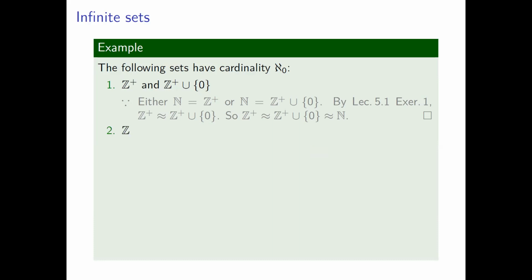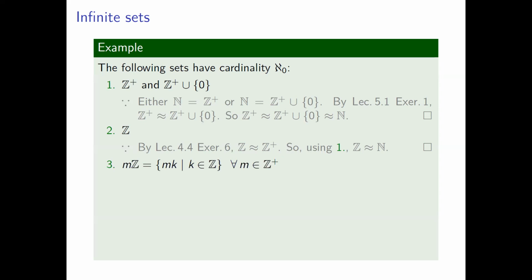The set of all integers has cardinality aleph naught. Indeed, it is shown in exercise 6 in lecture 4.4 that the set of all integers is numerically equivalent to the set of positive integers. It follows from this and the previous example that the set of all integers is numerically equivalent to the set of natural numbers.